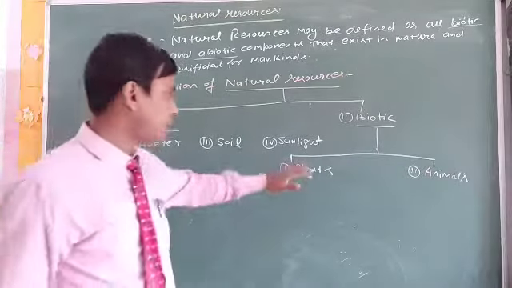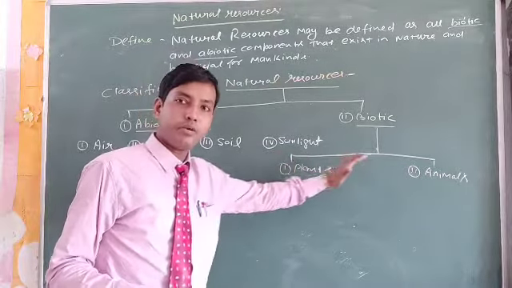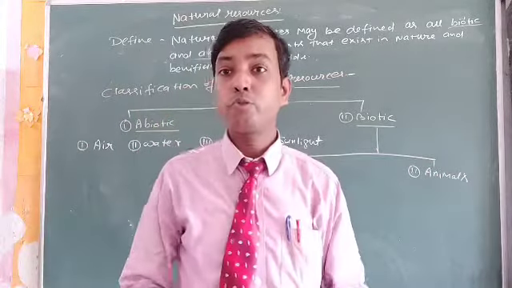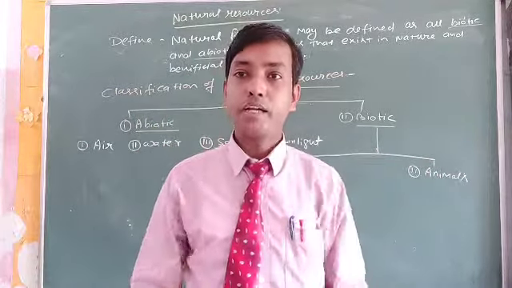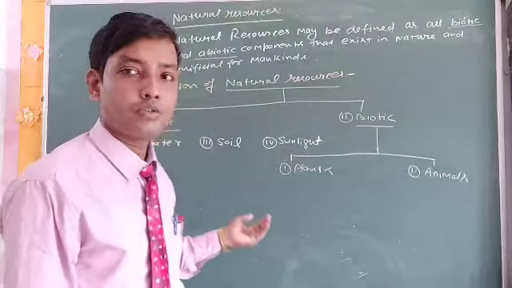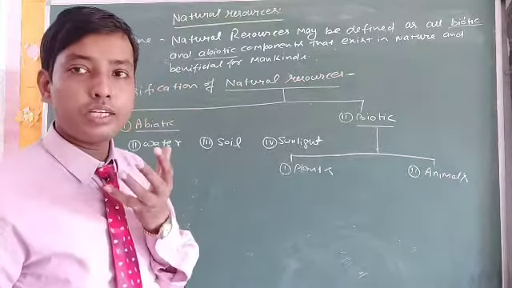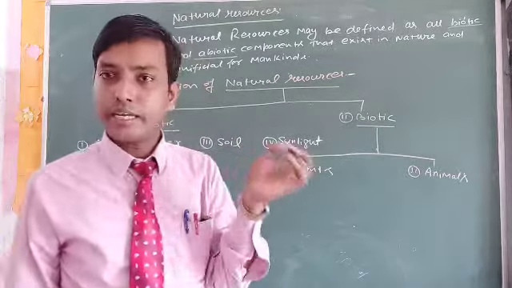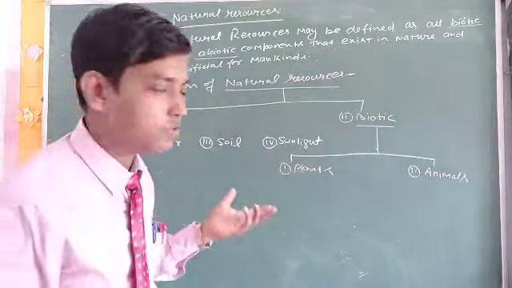Listen carefully. Biotic and abiotic components are interlinked together to form the biosphere, which is the major part of our ecosystem. So what forms the biosphere in our ecosystem? The interaction between the biotic and abiotic components.